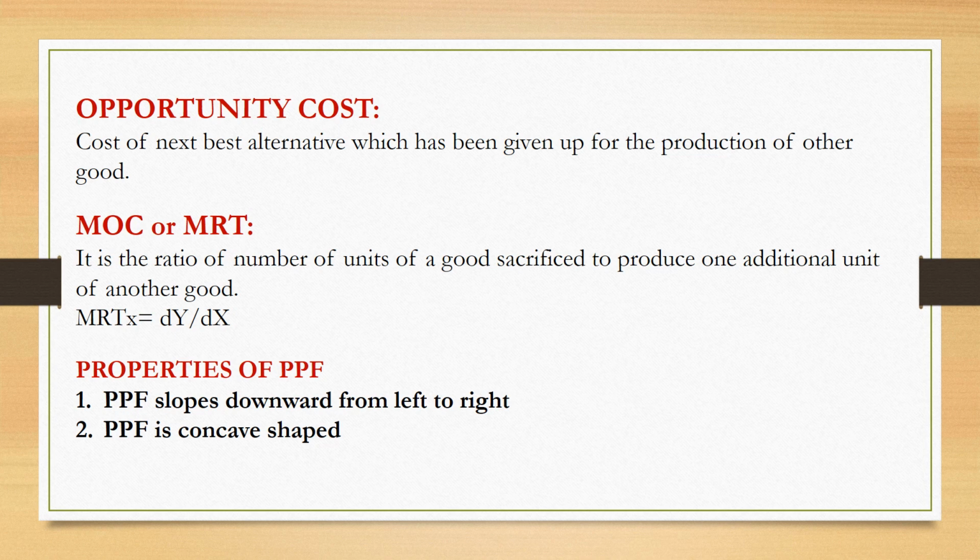So the MRT of good X is equal to loss in good Y, that is what we are sacrificing, divided by gain in good X.